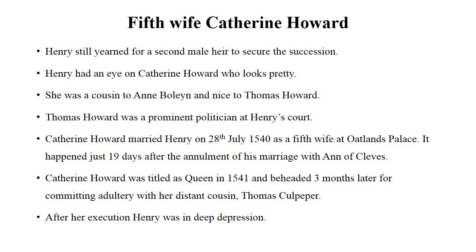After her execution, Henry was in deep depression. Anne of Cleves, she is not good looking, he doesn't want to be with her. Jane Seymour has passed away; she had given birth to a male heir.